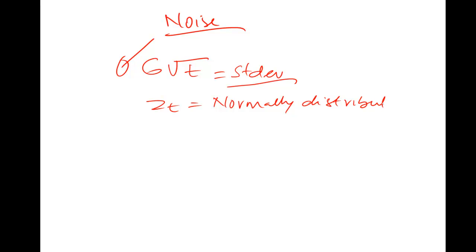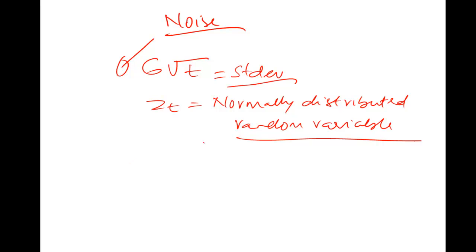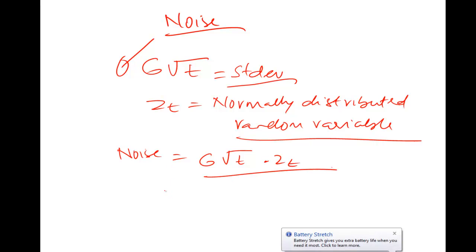Second element is a bit more tricky, and this element is what we call ZT, a normally distributed random variable, and we use this to bring in the randomness that we wanted noise to represent. So two pieces. Noise is represented by two components. The first component is standard deviation scaled for time, more time, more volatility, less time, less volatility, and ZT, a normally distributed random variable that comes in, plugs in the element that we need to use for randomness.